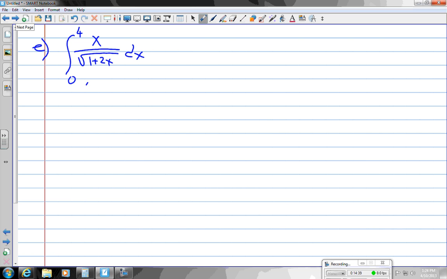So we're going to let u equal that inside function, 1 plus 2x. Then du is 2 dx, so dx is du over 2.